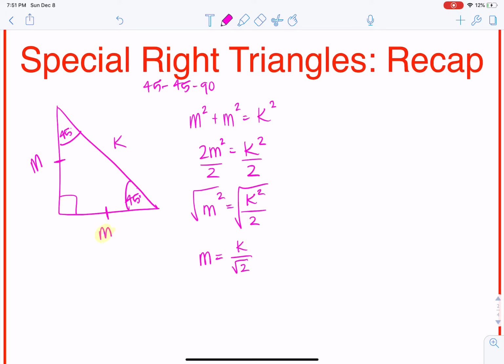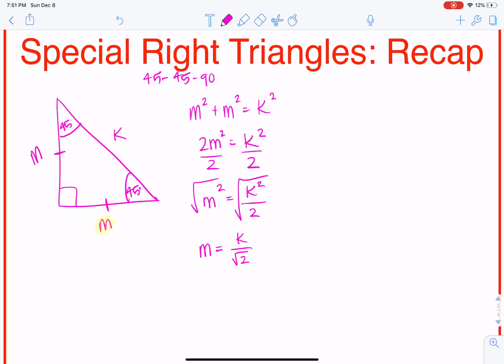And we know that since I have a radical in the denominator here, I need to rationalize this. So let's multiply by our fancy version of 1. And here I end up getting that m is equal to k times the square root of 2 over 2.